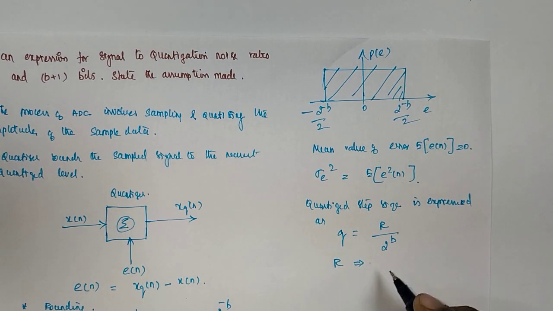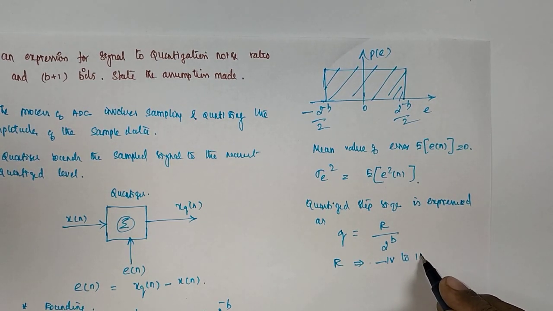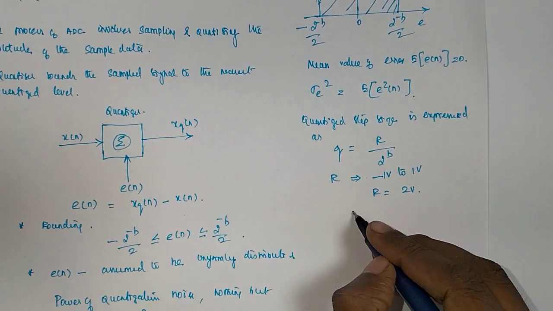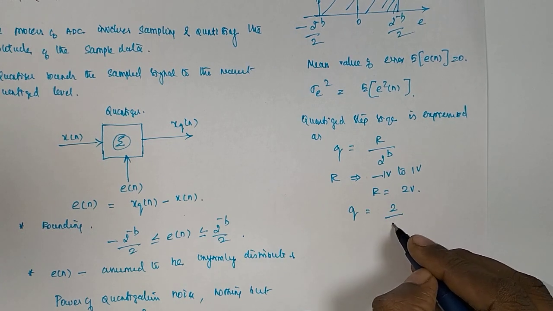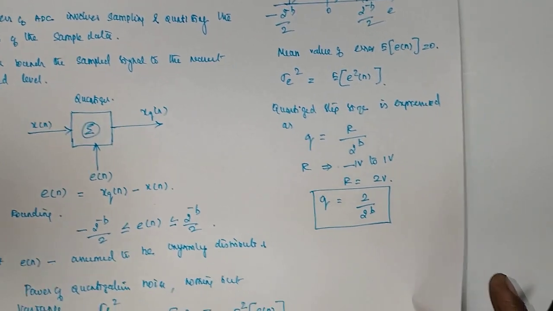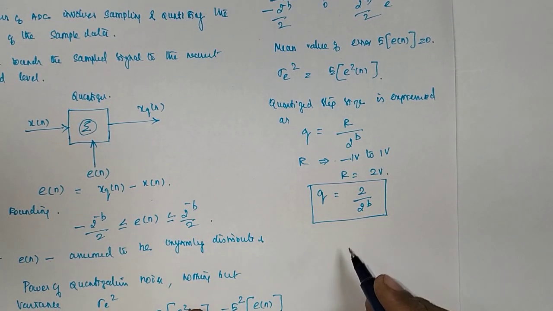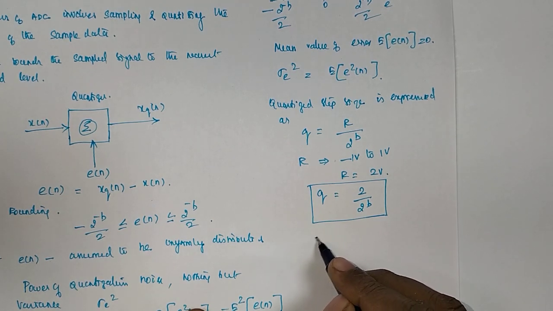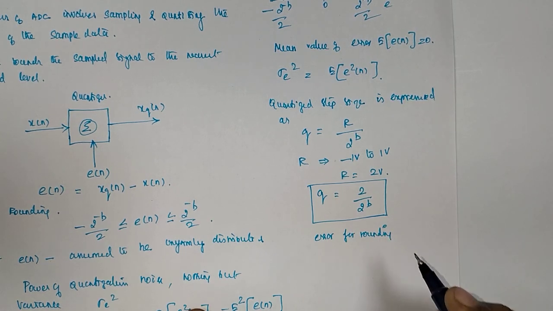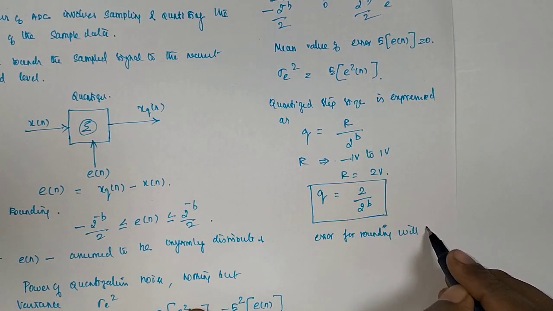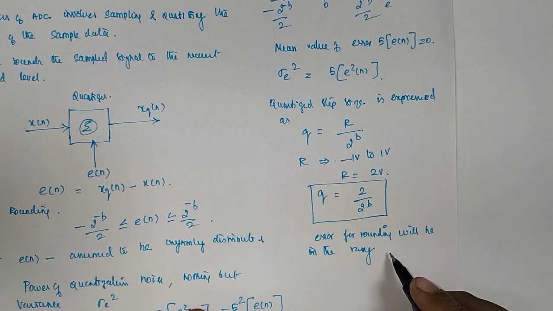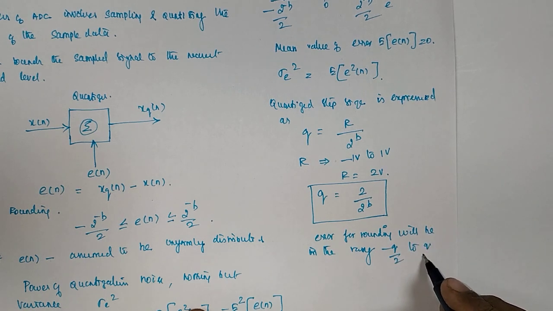You know that the range is between minus 1 volt to plus 1 volt, so the range is equal to 2 volt. So Q is equal to 2 divided by 2 power b. The quantization error for rounding will be in the range minus q by 2 to plus q by 2.